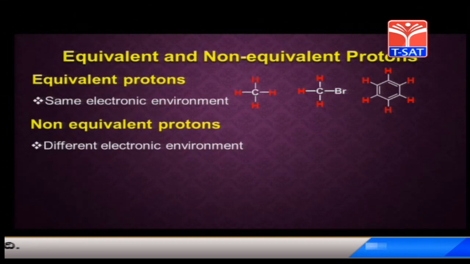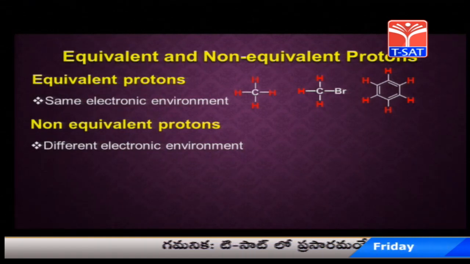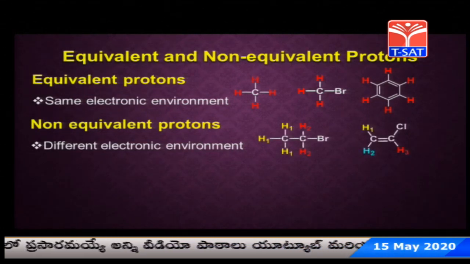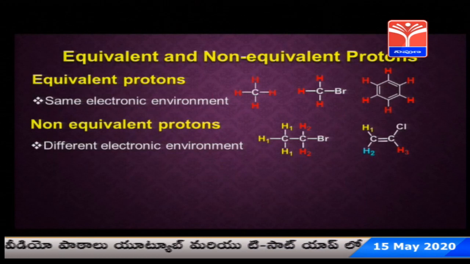Non-equivalent protons are those protons which are present in different chemical environments. Those are said to be non-equivalent protons or chemically non-equivalent protons or chemical shift non-equivalent protons. You see ethyl bromide, I have given the example.